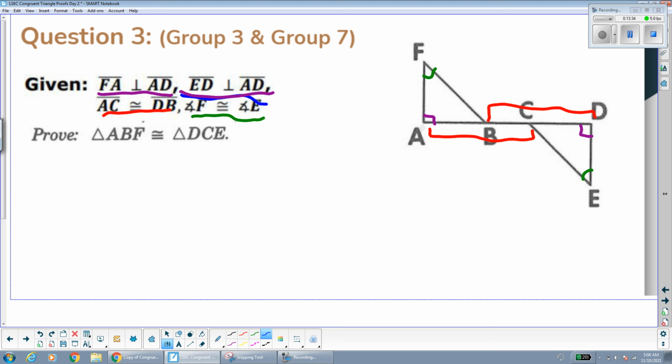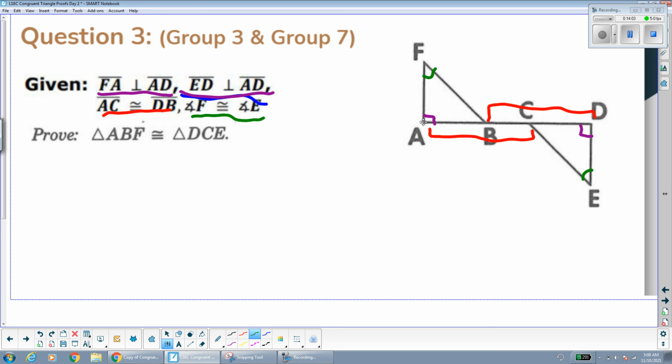If you take a look, we have information about AC, which is longer than AB, longer than the side of the triangle. And over here, we have DB, which is longer than DC. It's longer than this side of the triangle. So in order to make the information smaller and get the sides of the triangle that we need being congruent to each other so we can prove the triangles congruent, we're going to need to use subtraction.